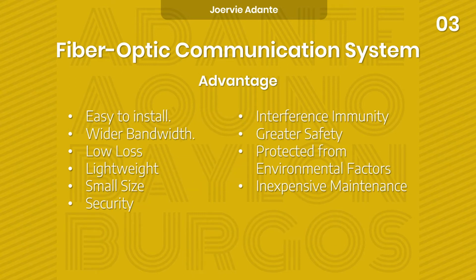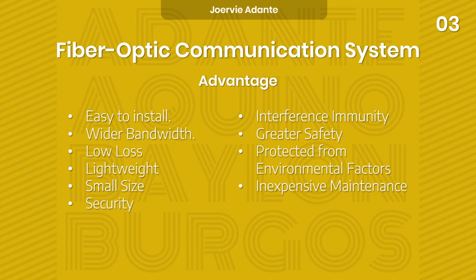For the advantages, it is easy to install. Wider bandwidth: fiber optic cables have higher information carrying capability. Low loss means fiber optic cables have less signal attenuation over a given distance than an equivalent length of coaxial cable.